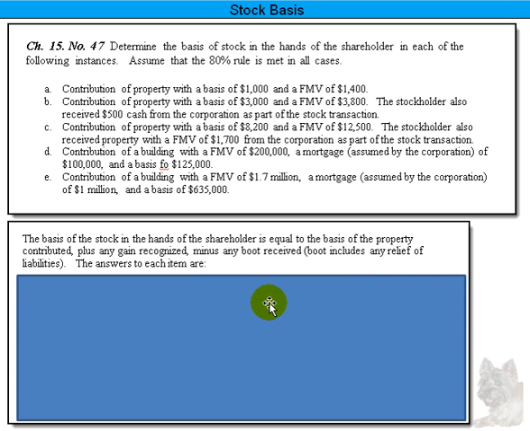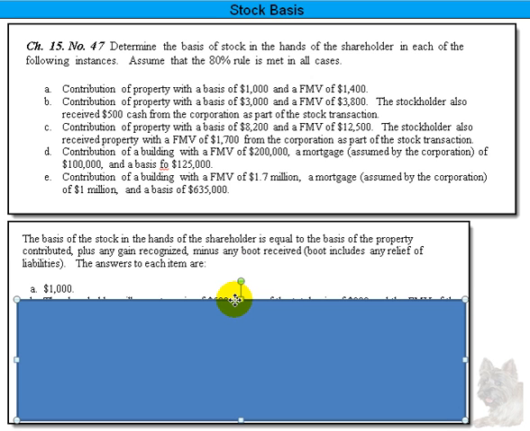So, in the case of $1,000 and a fair market value of $1,400, let's take a look. Using the rule, we know that the basis is equal to the basis of the property contributed, so it's $1,000. There's been no gain recognized, no boot received, so A is pretty straightforward.